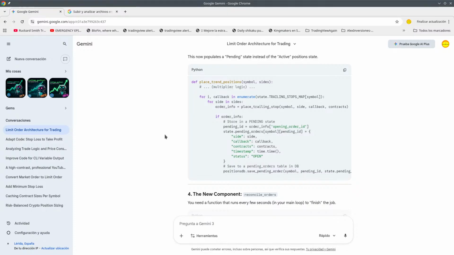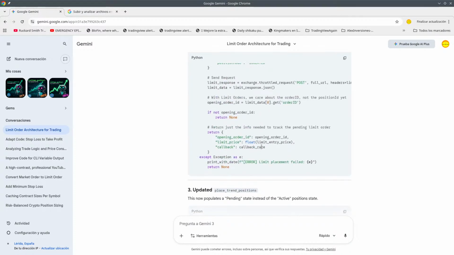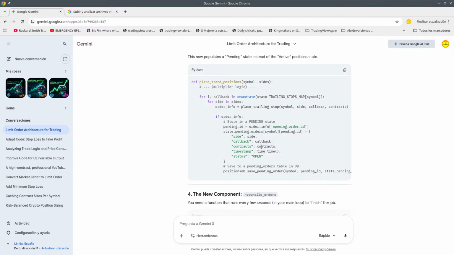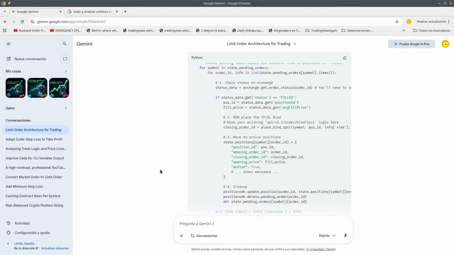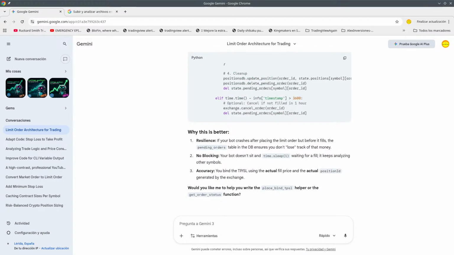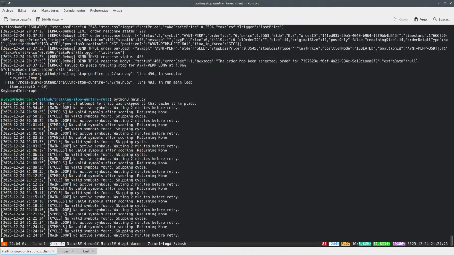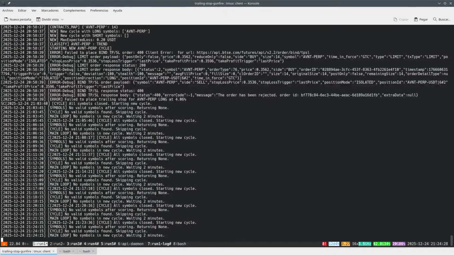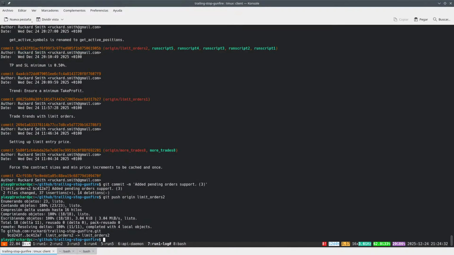So you want to save this thing, and so the trailing stop only did the limit order, and then stop loss and take profit and so on was done later on. And then there's these reconcile orders, which, if you ask me, I don't know if this is good enough.